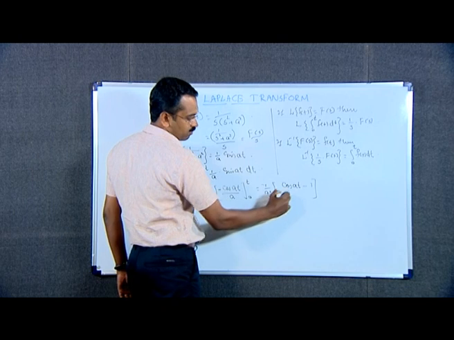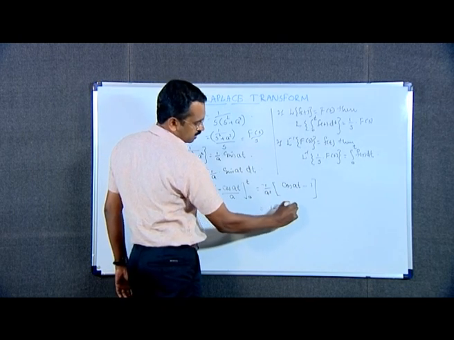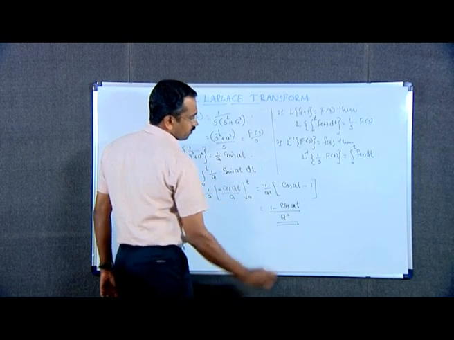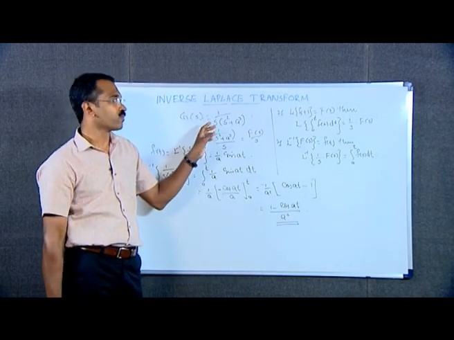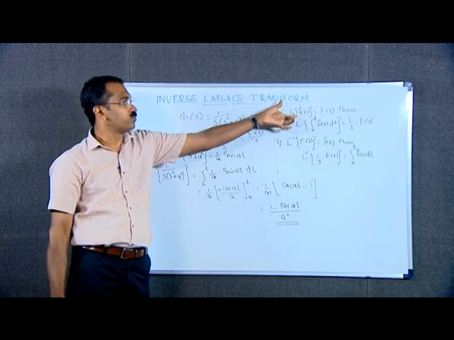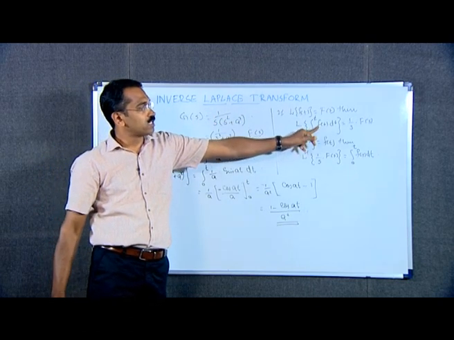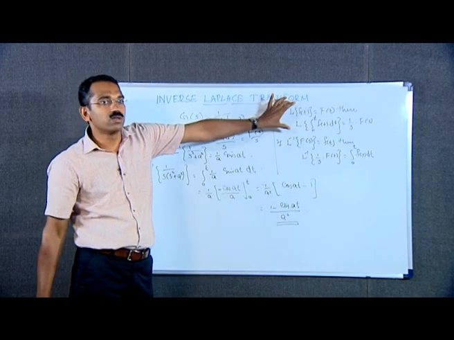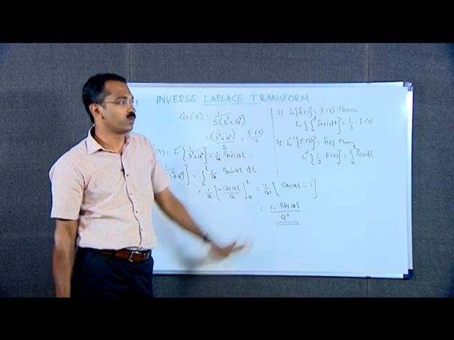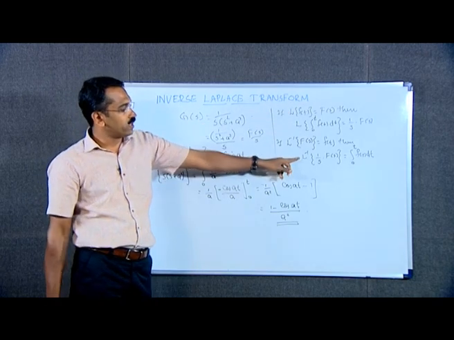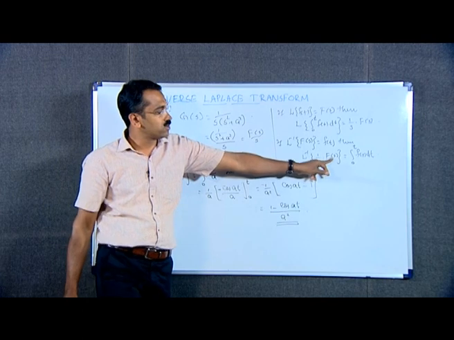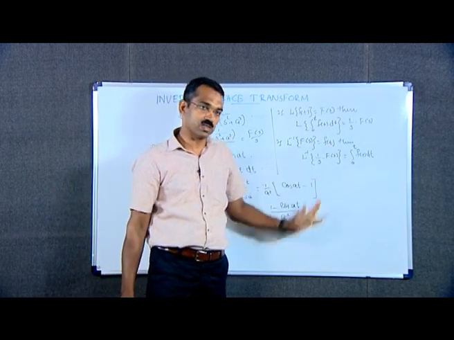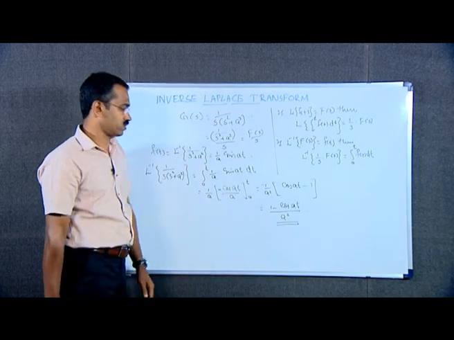That is 1 minus cos at divided by a square, which is the inverse Laplace transform. We just used this property of transform of integrals. Considering the inverses of this property, we can take L inverse of 1 by s into f of s as integral from 0 to t f of t dt, where f of t is the inverse Laplace transform of f of s.